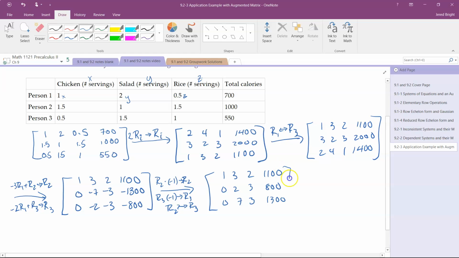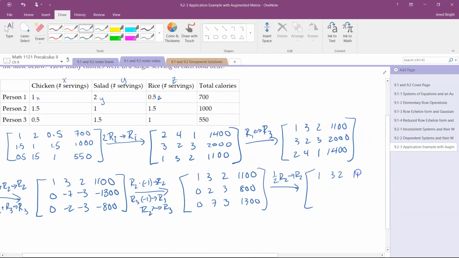Okay, now this next one's kind of tricky. Well, actually, I need to take row 2 and take 1/2 of it into row 2. Alright, so 1, 3, 2, 1,100, and 0, 1, 3/2, and 400. 0, 7, 3, 1,300.